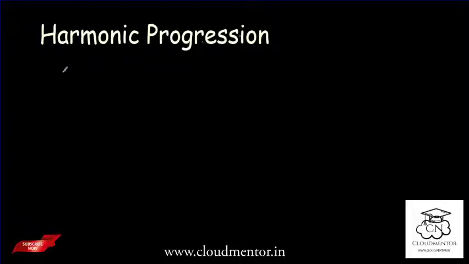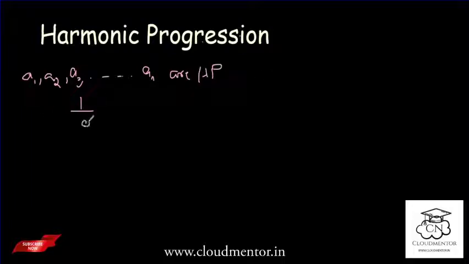That is, if A1, A2, A3, etc. up to An are said to be in HP, that is harmonic progression, if 1 by A1, 1 by A2, 1 by A3, etc. up to 1 by An are in AP.